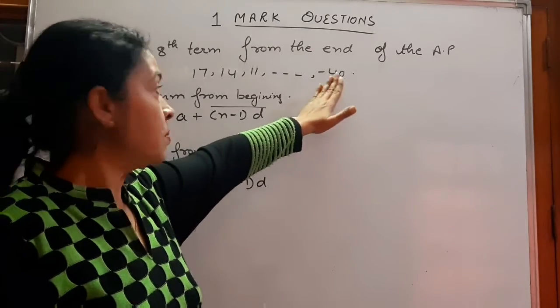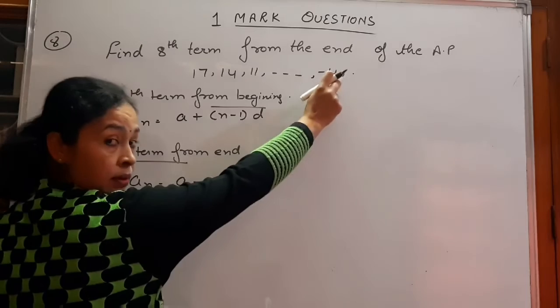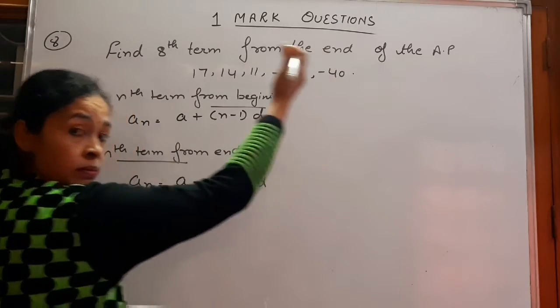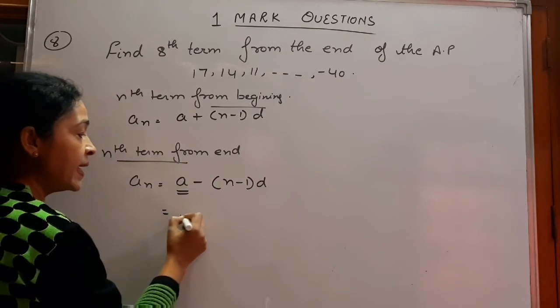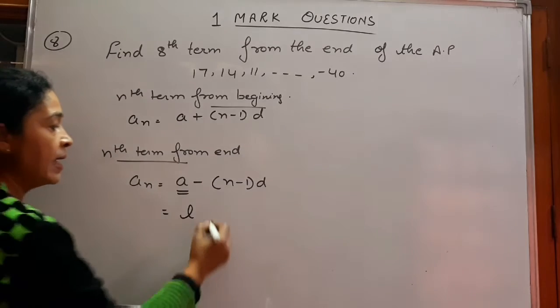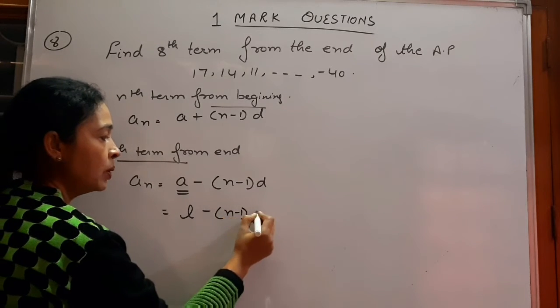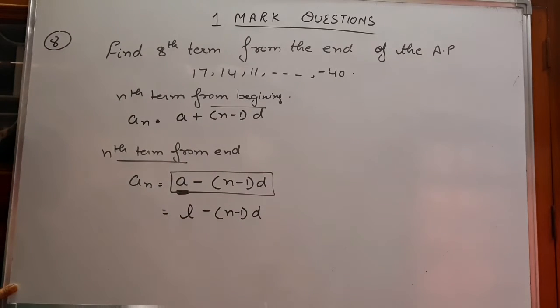But we have to take the term from the last. This a will be this term, the first term from the last, and this can be written as L. The nth term from the last can be written as L minus (n minus 1) into d. This is the easy way to learn this formula.